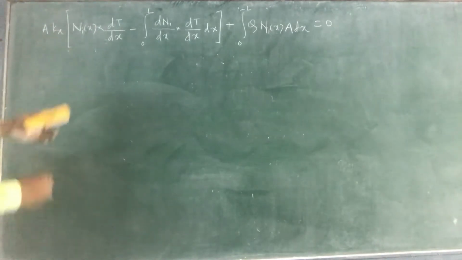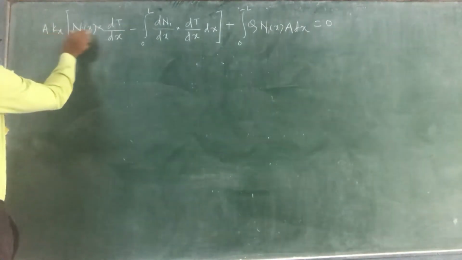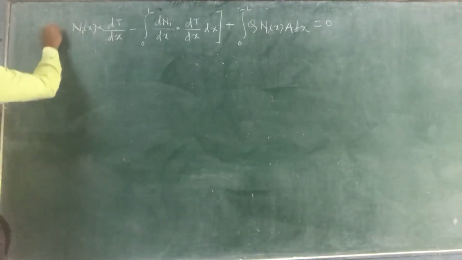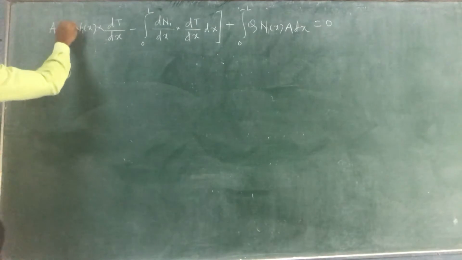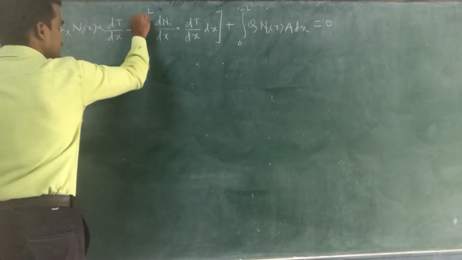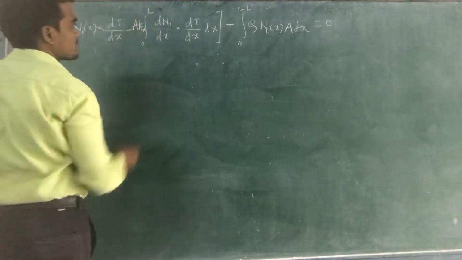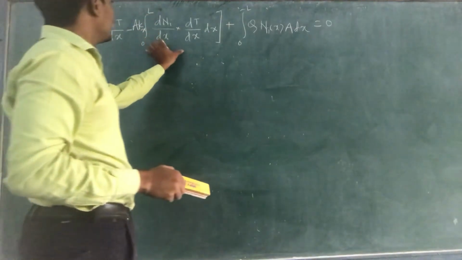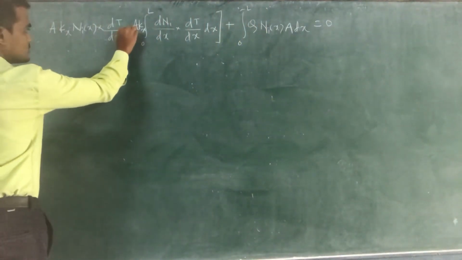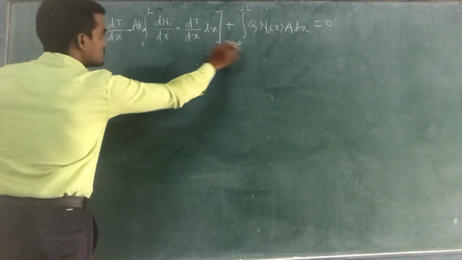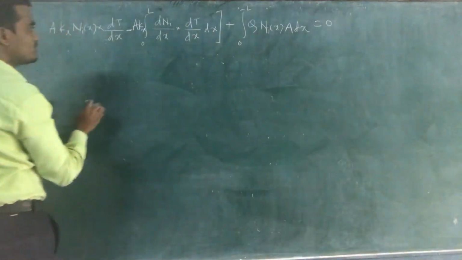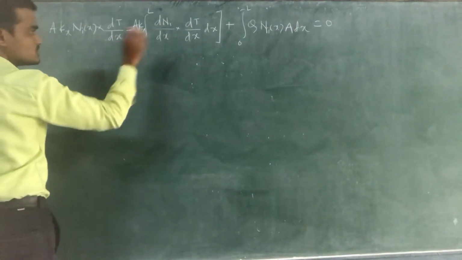Okay, so if we multiply a kx into this whole term, it will become a kx into this Ni minus a kx into this term. If we take this negative term to the RHS, it will become positive, and these two terms also become positive, but this term will be on the LHS and these two terms on the RHS. The same thing happens; we are only taking this negative as positive on the RHS.